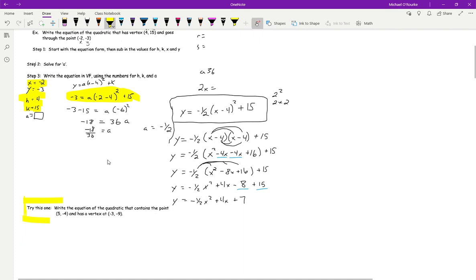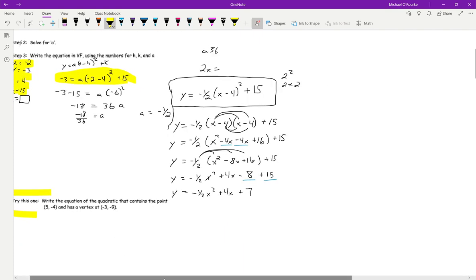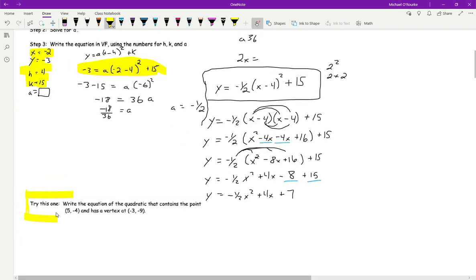Okay, so when you're looking at this one, pick which one is your vertex, your H and K, and then the other one is going to be your X and Y. I see. How do I organize those?